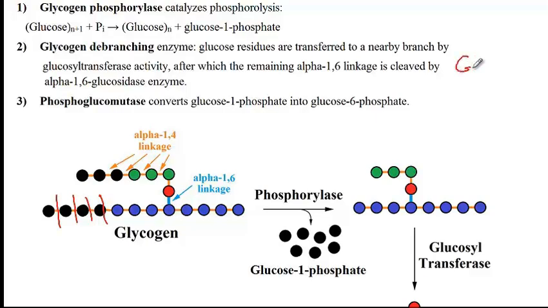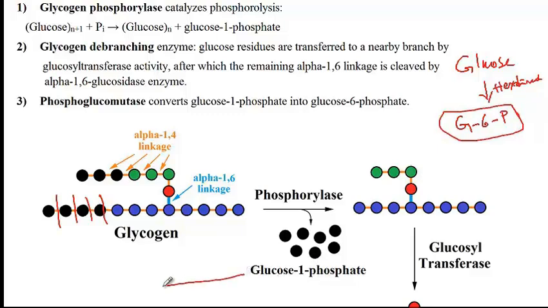Remember, in the first reaction of glycolysis, glucose was converted to glucose 6-phosphate by the hexokinase enzymes. So this is what we will need, and therefore we have the enzyme called phosphoglucomutase, which will convert the glucose 1-phosphate into glucose 6-phosphate. Alright, so that's the breakage of all these alpha 1,4 linkages.